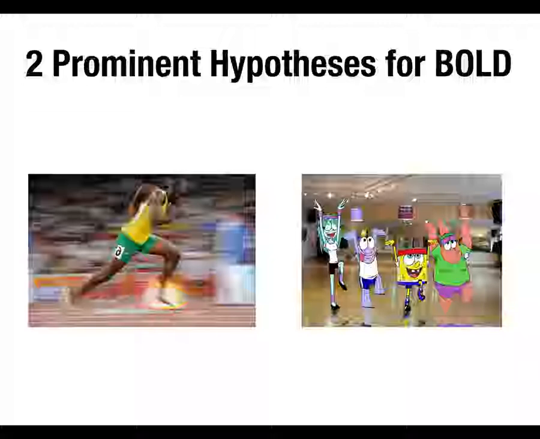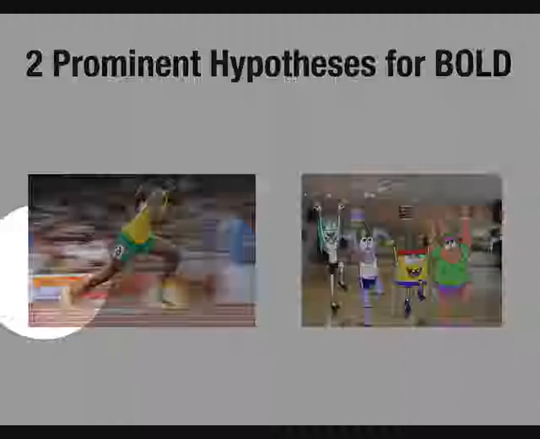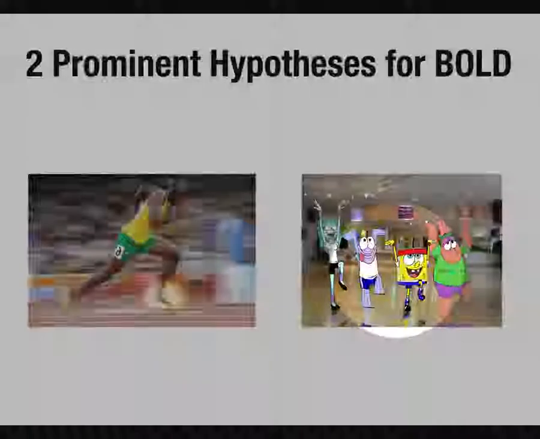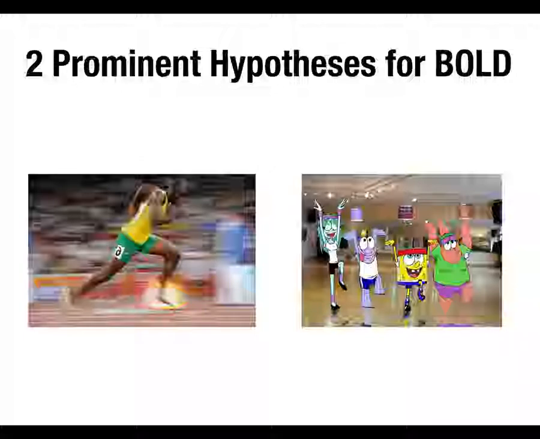And then the other is aerobic, which is using oxygen to do the metabolism, illustrated by SpongeBob and friends doing aerobics. So the question was for the brain, having established that the brain's already consuming a lot of energy at rest, so the resting state is already an aerobic model, which is the way most of the body works most of the time, which is why we breathe oxygen, right?